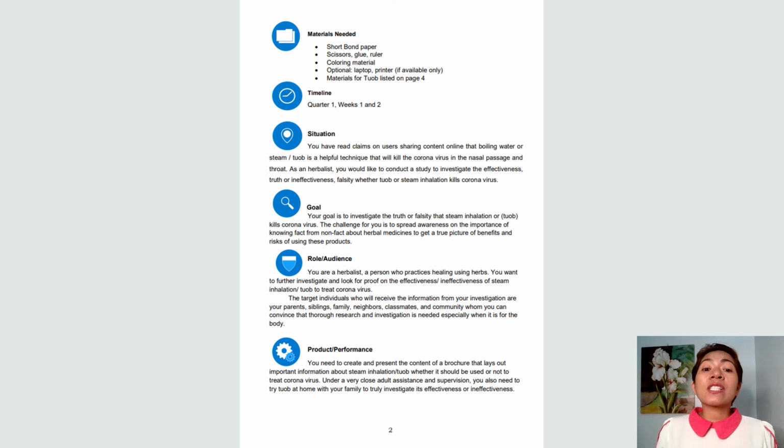So we show first the situation because we want our learners to have the overall understanding on what is the situation they are into. Like in GRASPS kasi, we are giving role to our learners, we are giving them the responsibility, not a make-believe, correction po.